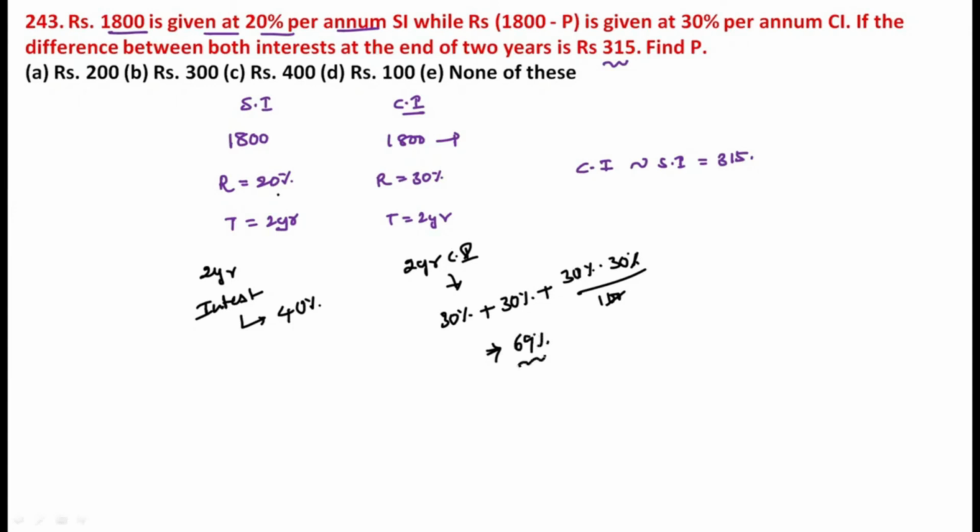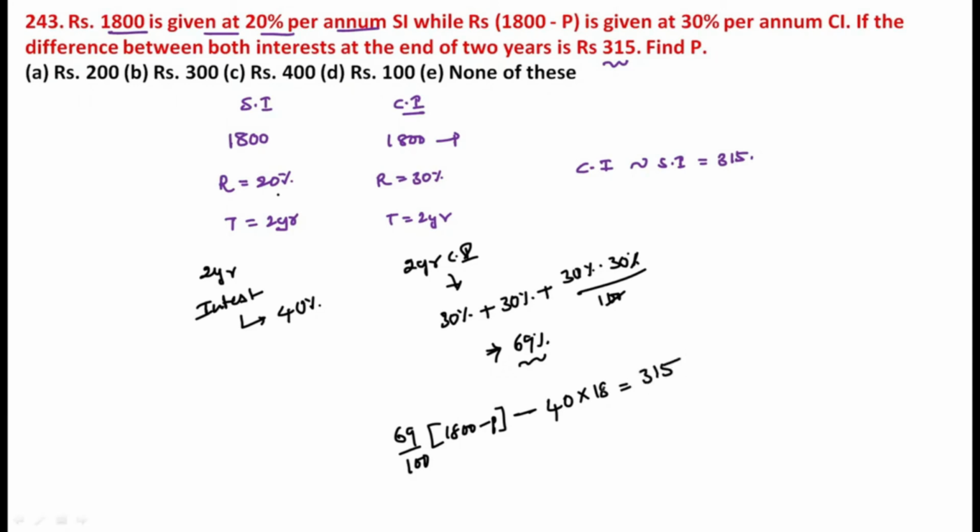Now you get 69% interest for only 2 years. Now the question: 40% of 1800 is the interest. See, 40% of 1800 means 40 into 18. So it's the simple interest. And the compound interest value becomes 69 by 100 into 1800 minus P. Now the total interest is exactly equal to 350.